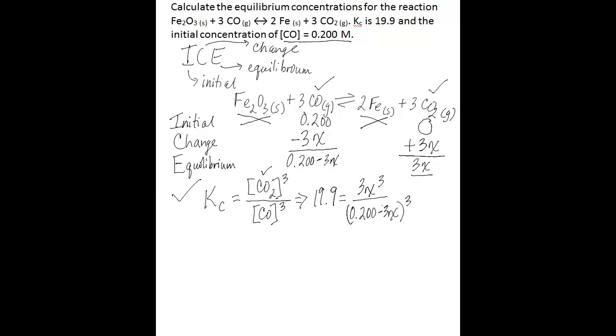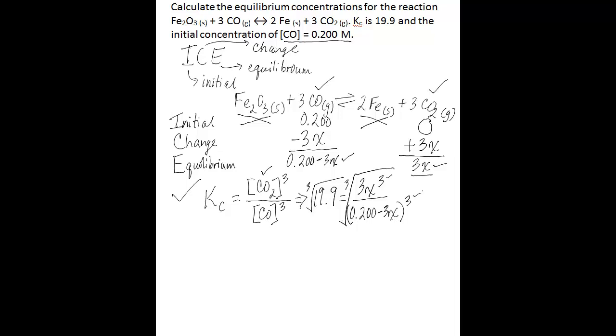So then you need to solve for x. And once you solve for x, you can substitute x back into your equilibrium concentrations and get actual numbers for your equilibrium concentrations. So to solve for x, the easiest thing to start out is to take the cube root of both sides, so you can get rid of those 3's for both the numerator and the denominator.